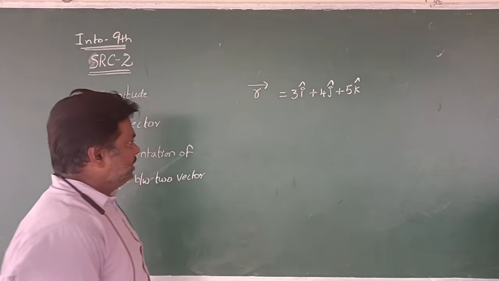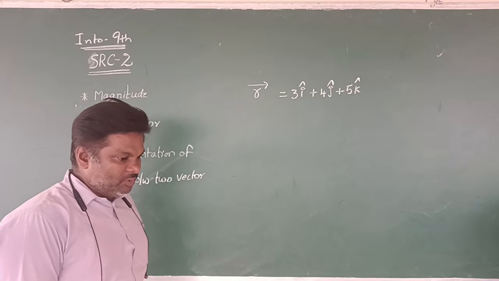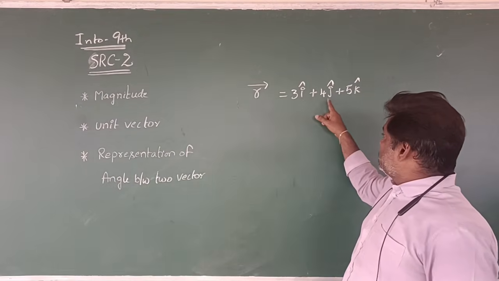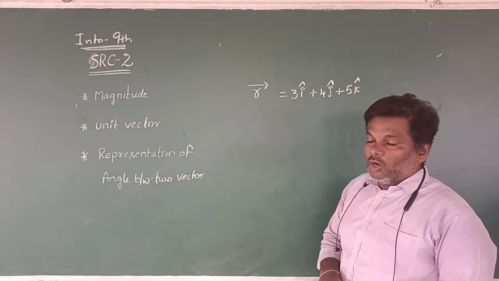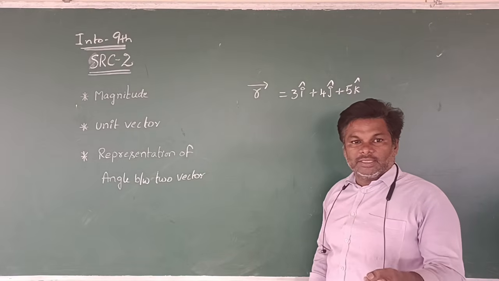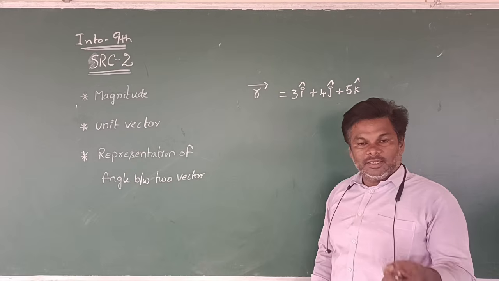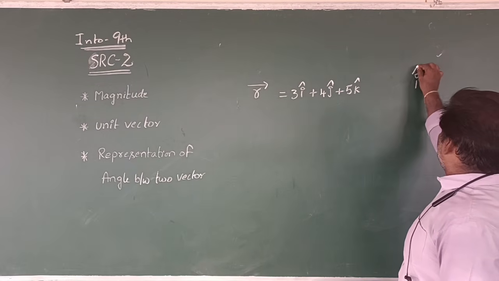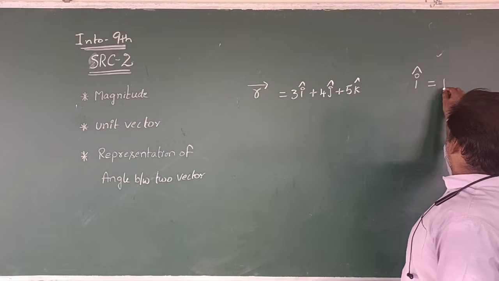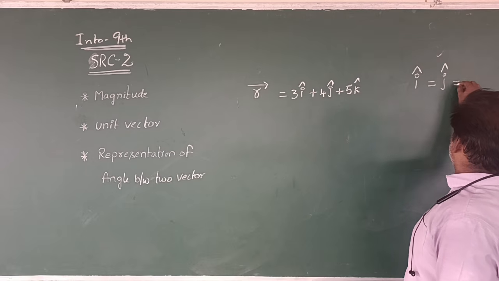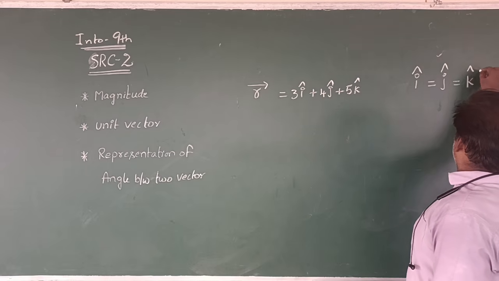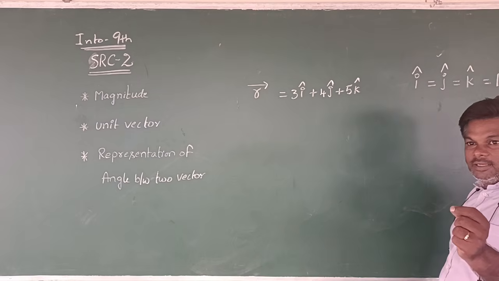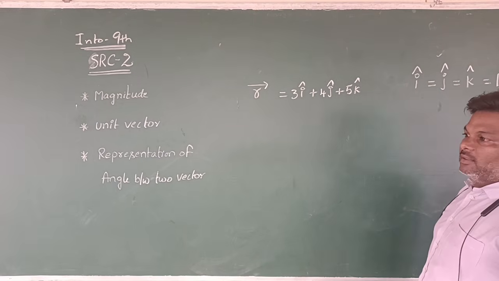Yesterday I told you that i cap, j cap and k cap are the unit vectors along the x axis, y axis and z axis. The value of each of these three is equal to 1. The cap itself gives you the idea that it represents 1.